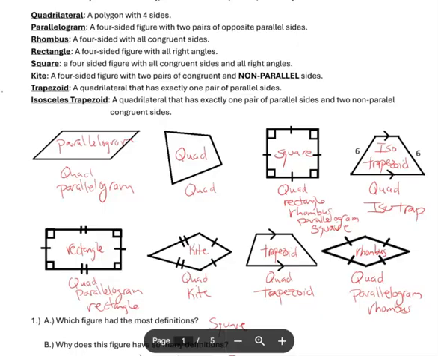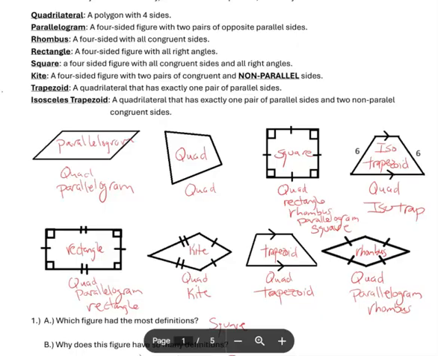The next one would be a four-sided polygon, so it's a quadrilateral, and only one pair of opposite sides are parallel and the other ones are congruent. So that would be an isosceles trapezoid, and it is also going to be a normal trapezoid. The next one would be a rectangle, and the other names for it would be quadrilateral, parallelogram, and rectangle.